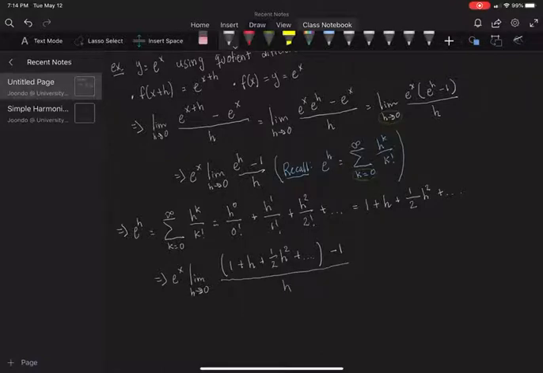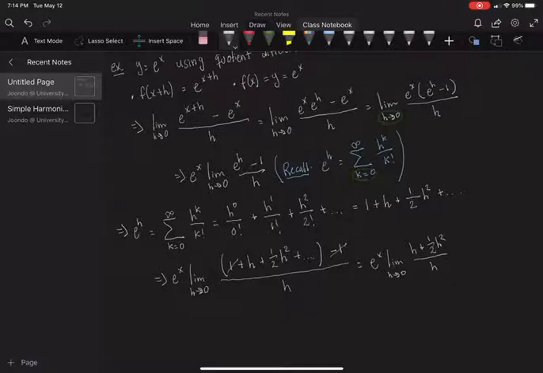Doing the mathematics, the 1 eliminates, and what do we have? We have e to the x times the limit as h tends to 0 of h plus 1/2 h squared over h.